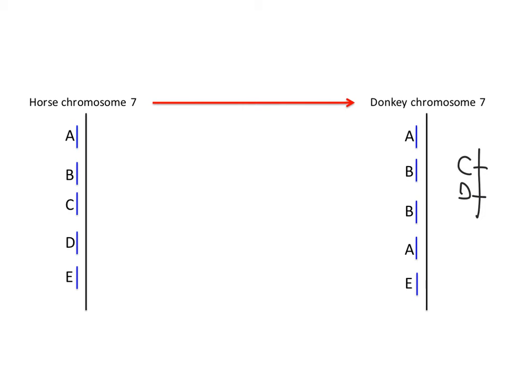Does it matter when we do the deletion? It might. So when we get to the end, we'll see. So first step, let's say we delete C and D. That involves breaking the chromosome between C and B and between D and E. So what sort of a chromosome does that leave us with? What's the order from top to bottom? A, B, E.